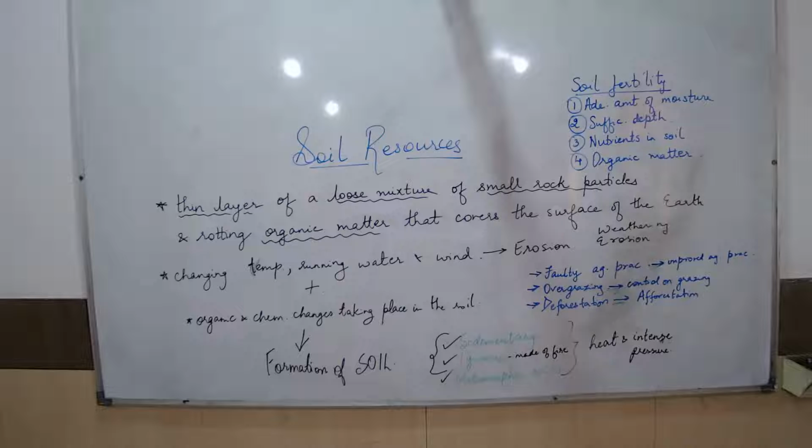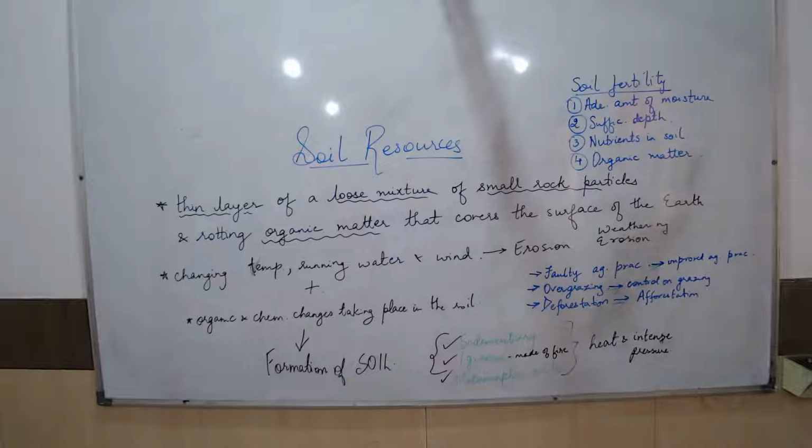Change in temperature, action of running water, wind and glaciers, activities of decomposers, etc. contribute to the formation of soil. Chemical and organic changes which take place in the soil are equally important. Soil also consists of organic and inorganic materials. So organic material is humus.